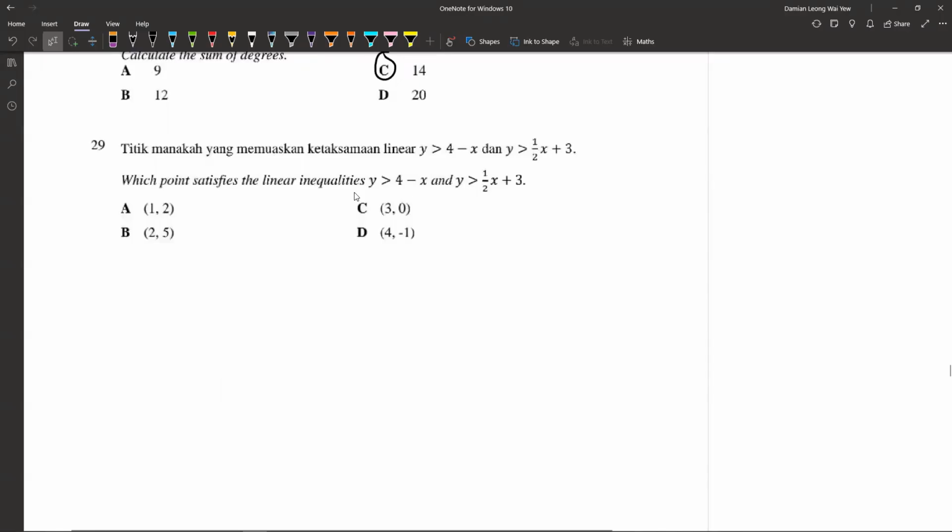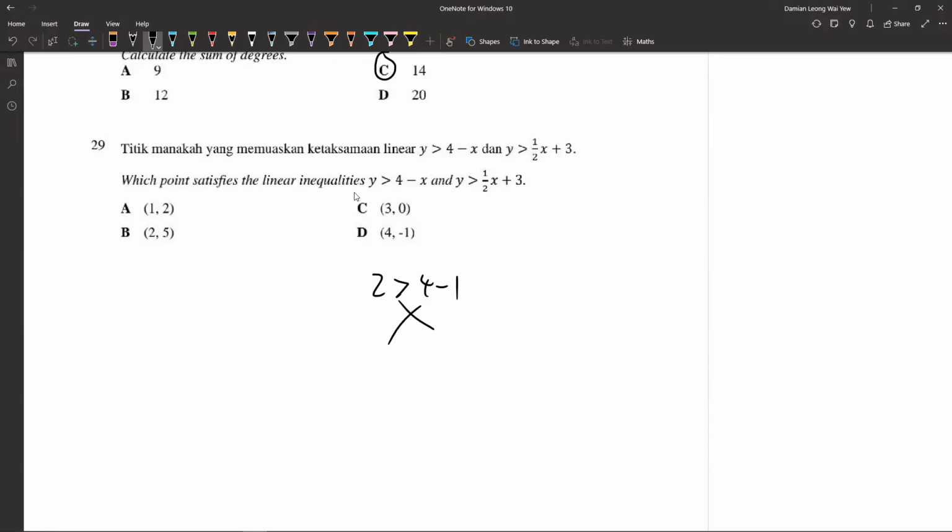Question 29. Which point satisfies the linear inequality here? Both of these. Actually we can just substitute. If I try this one, 2 more than 4 minus 1, which doesn't make sense. 4 minus 1 is 3.